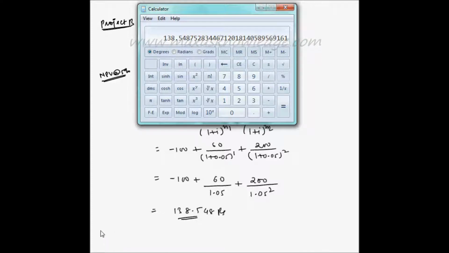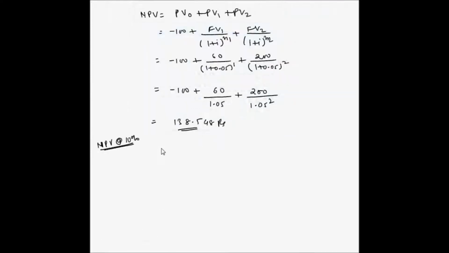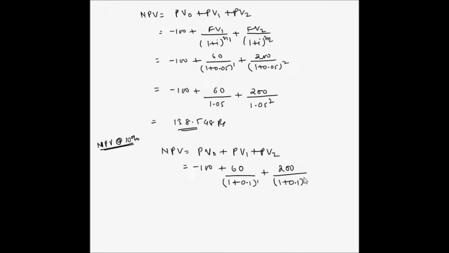Now let's find out the NPV at 10% discount rate. So the NPV is equal to PV0 plus PV1 plus PV2. So minus 100 plus 60 divided by 1 plus 0.1 to the power 1 plus 200 divided by 1 plus 0.1 square.